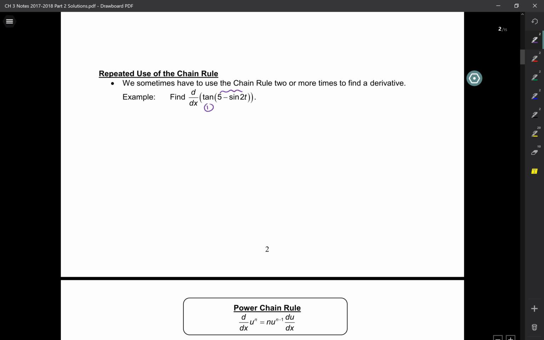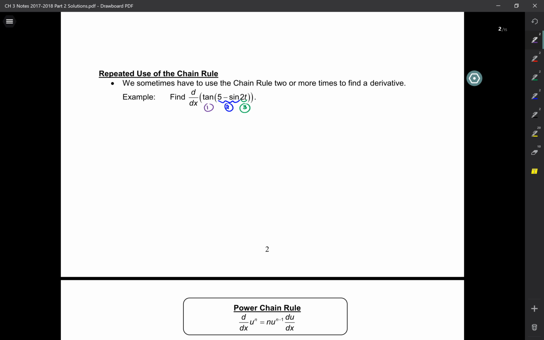But even there, it's sine of 2t. So we have 5 minus sine, that's the second function. And then 2t, that's the third function. So we start from the very outside. And I like to color code this as much as we can. So the very outside function is what?